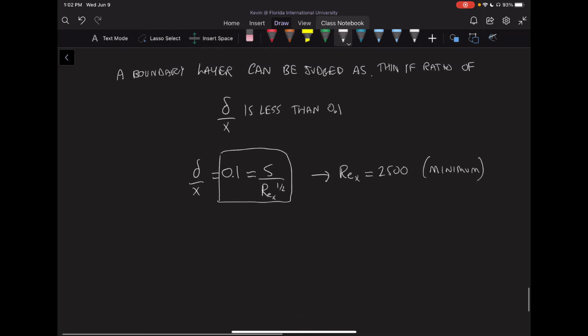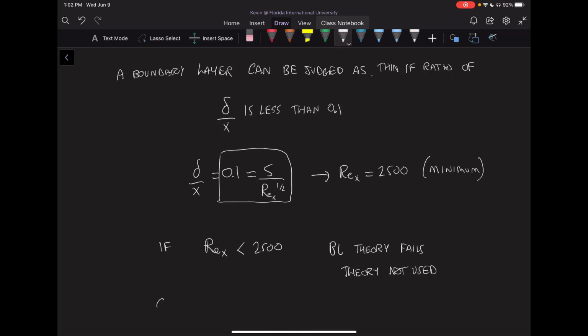So that means that if Reynolds x is less than 2,500, boundary layer theory fails. The theory cannot be used. So it's a good way to see if the boundary layer theory can be used.